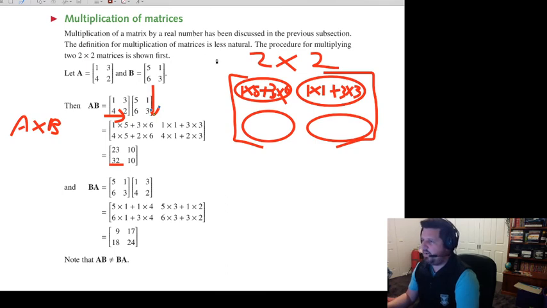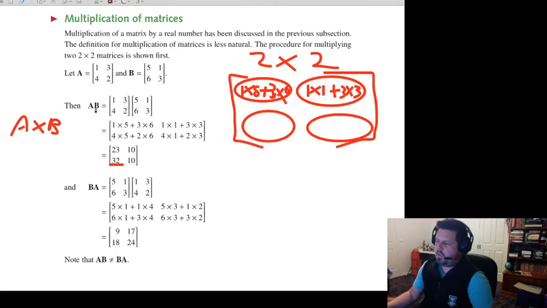Alrighty, now, cool, so that there is matrix A multiplied by matrix B. What you should know straight away with matrices is the order in which matrices are multiplied is important, and it differs.